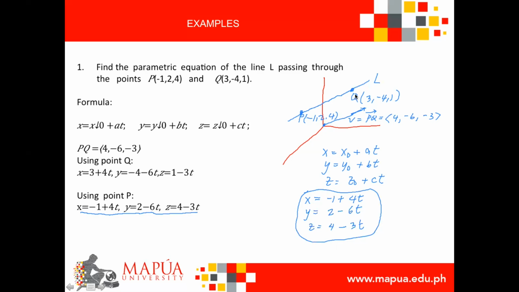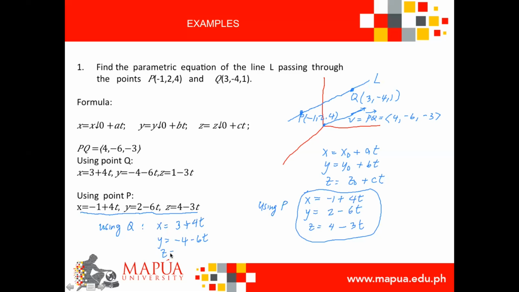Then if you are going to make use of point Q as your initial point, we will now have the answer. Using point Q, x sub 0 will be 3 plus, for a, positive 4t. Then for y, we have -4, that is your y sub 0, and your b is -6.